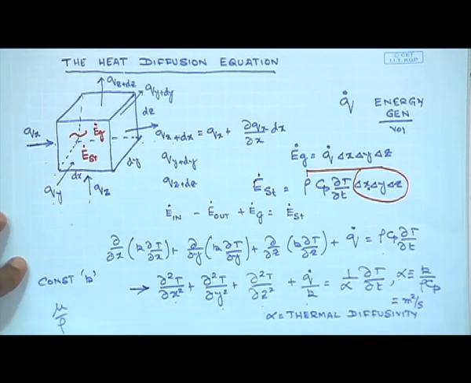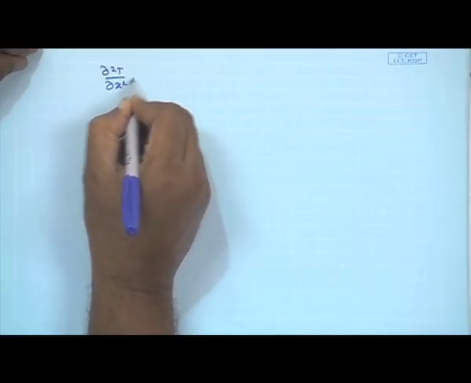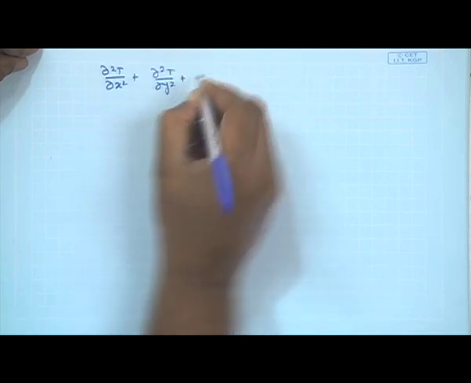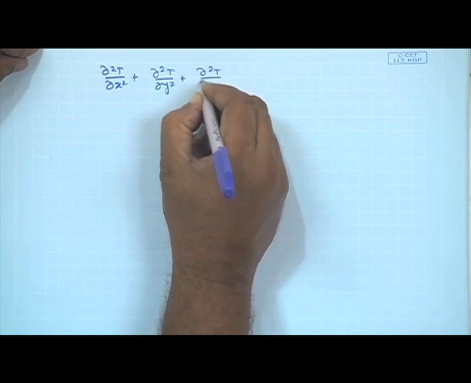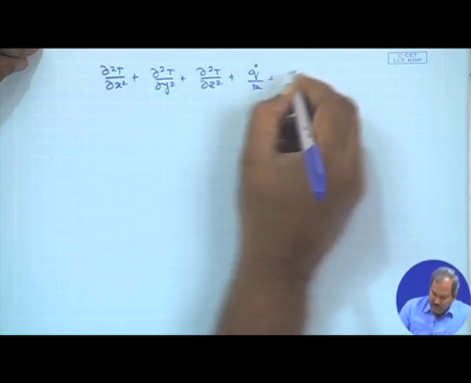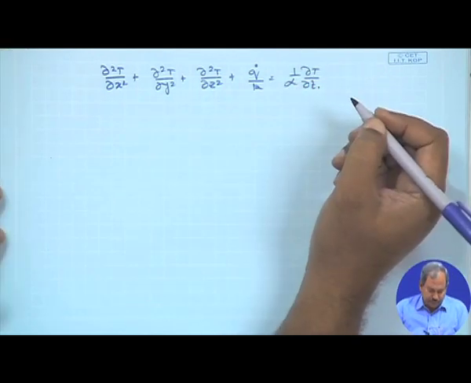So this is the starting point, and if I write this equation one more time, what we have is del 2 T by del x square plus del 2 T by del y square plus del 2 T by del z square plus q dot by k is 1 by alpha del T by del time.